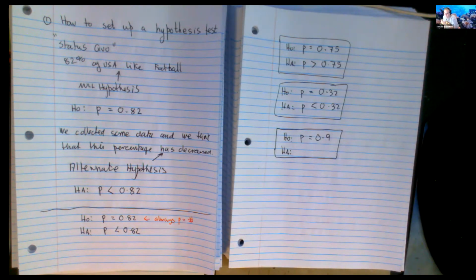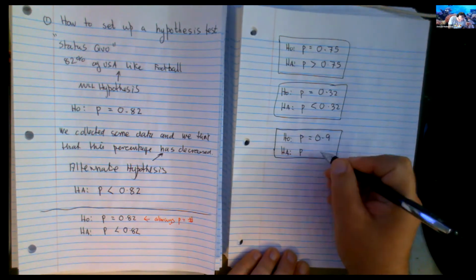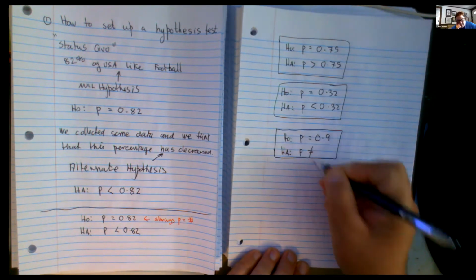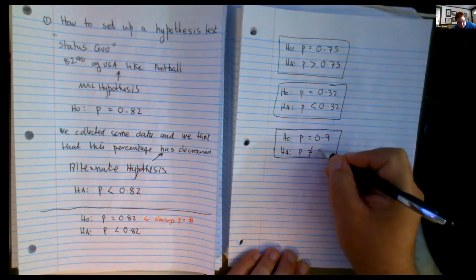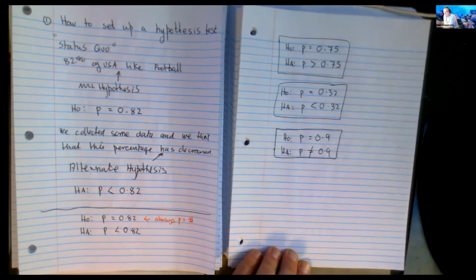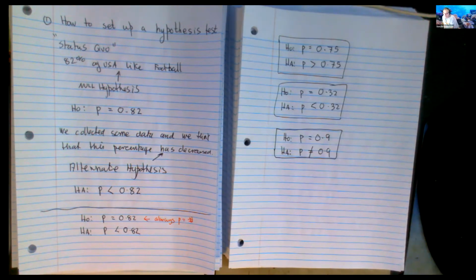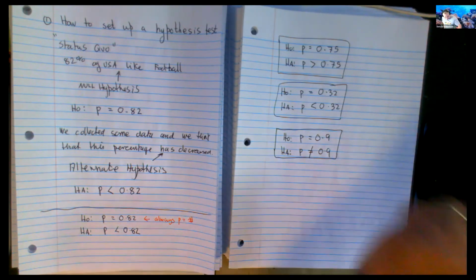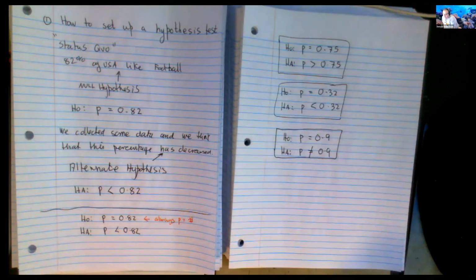What's left? Less than or greater to. Correct, but that's not the way they phrase it. But you're right, it is that. Not equal to. Which is, it could be bigger and it could be less, right? But that's the shorter way of saying that. So these are the 3 versions of hypothesis test.